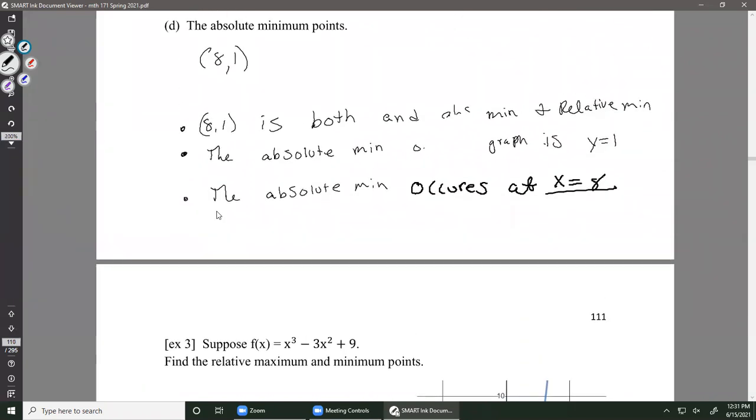So if I ask you where it occurs, it's 8. If I ask you just what is the absolute min or what is the value, it's y equals 1. I typically ask for points, so I want both the x and y value. It's probably the easier way to go about it anyways.